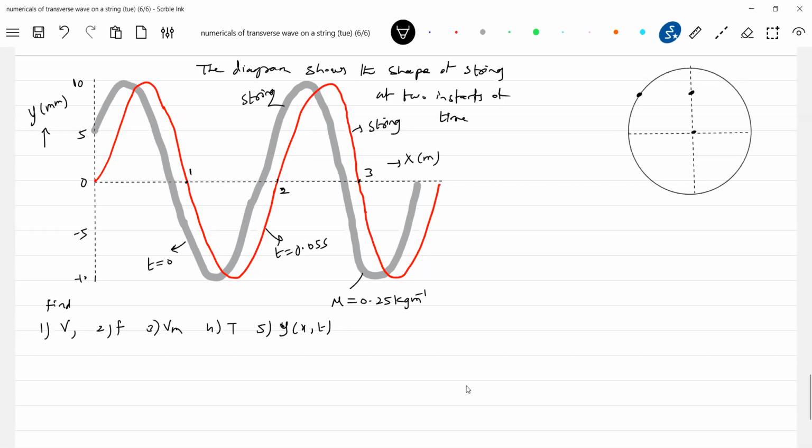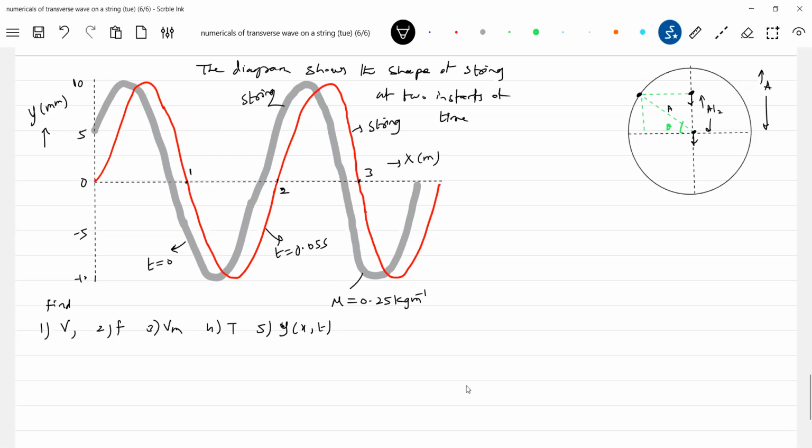And at t equal to 0.05 seconds, it will be moving down. Okay, now with the total, shall we take this to be a by 2, and this is a.